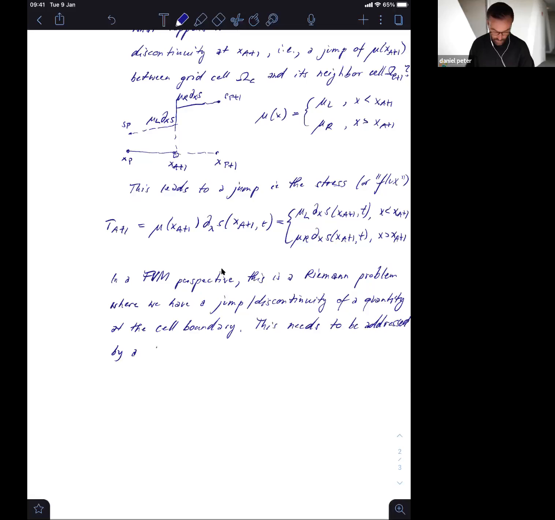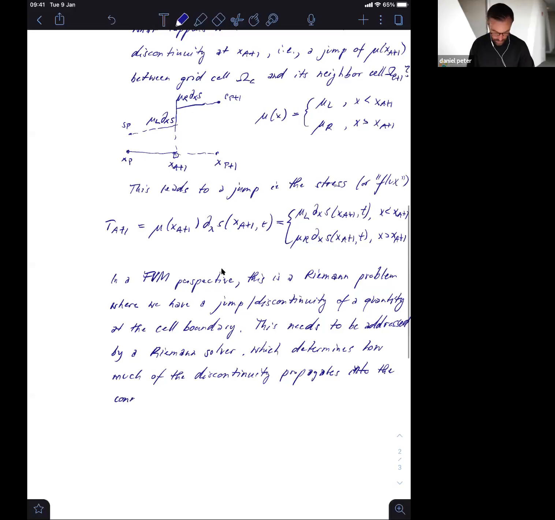It's to be addressed by a Riemann solver, which determines how much of that discontinuity propagates into the cells. Into these connected cells.